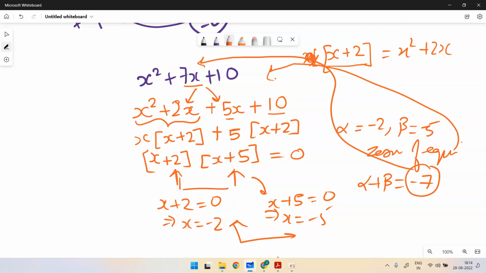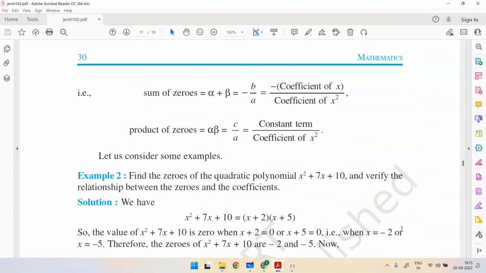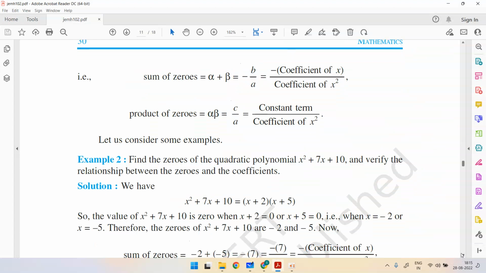Now the product, alpha into beta, is minus 2 into minus 5, which is 10, which is 10 by 1, and 7 by 1 is equal to 7 by 1. Hence it is proved.